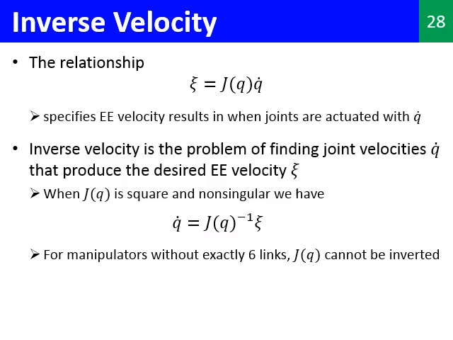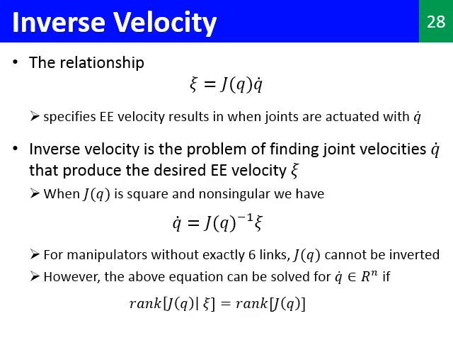But for manipulators that do not have exactly 6 links, we are unable to invert the J matrix. In that case, we can solve the inverse problem for q dot if the rank of the augmented matrix, J and the Cartesian velocities C, this part, is our augmented matrix.